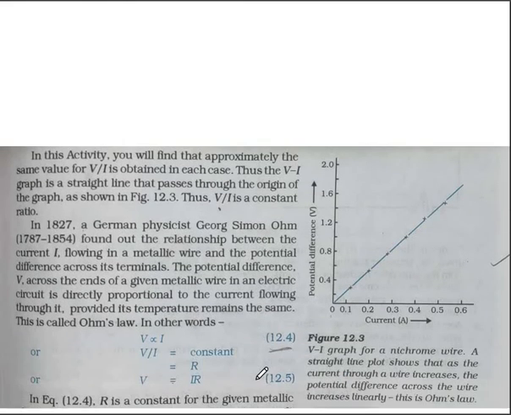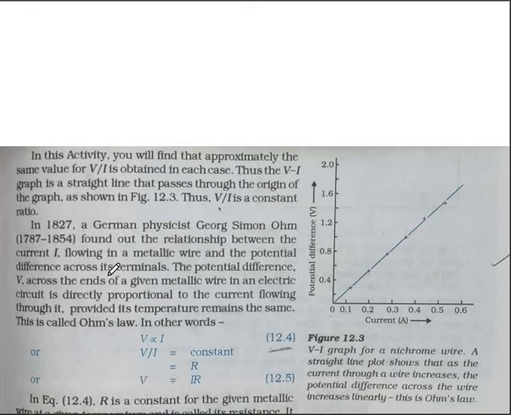Let me explain to you. In 1827, a German physicist, Georg Simon Ohm, found the relationship between potential difference and current. He proved that potential difference and current both are directly proportional.